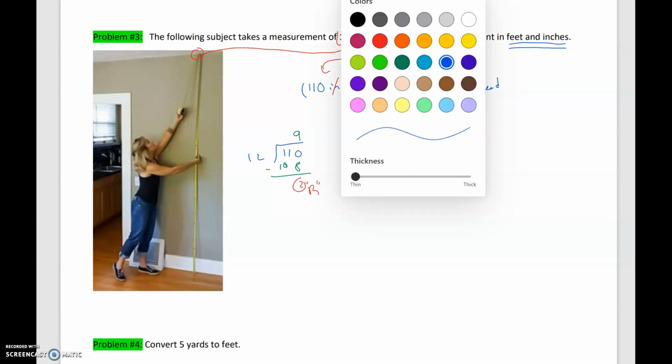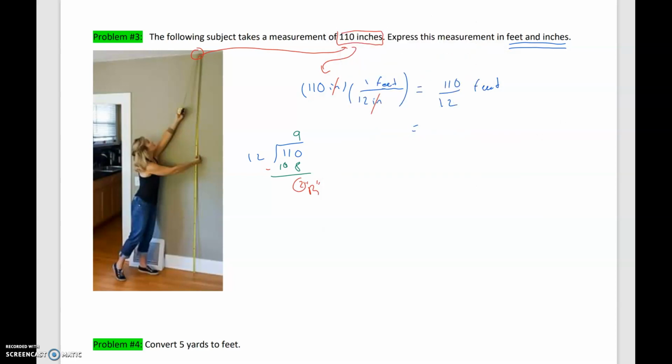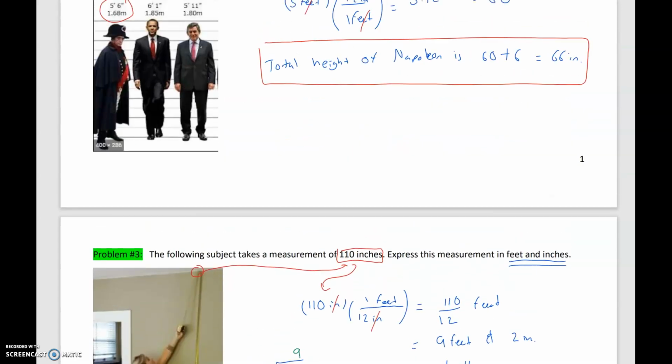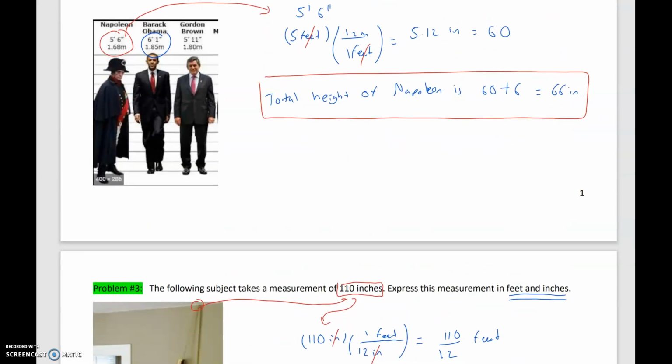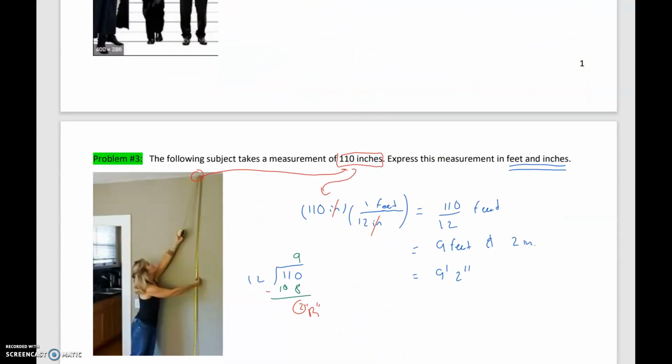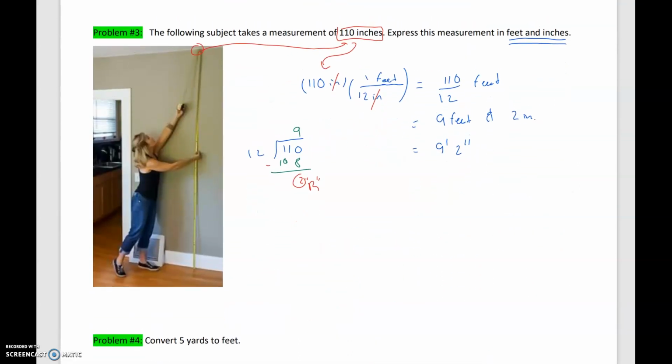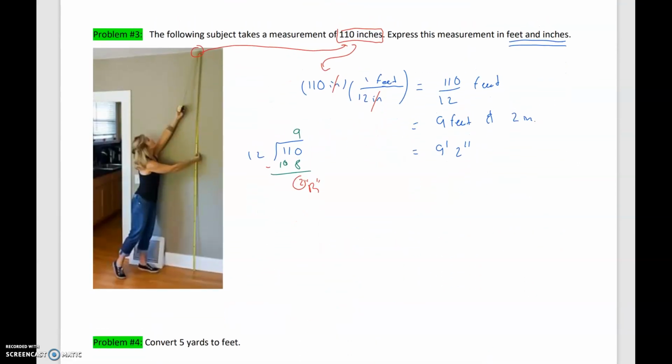So this is going to be equivalent to a total of 9 feet and 2 inches. Or like the previous notation, 9 feet, 2 inches. And we could use this notation that they were using here. There's no commas in between. You just write them next to each other and make sure that you write the two dots for the inches.